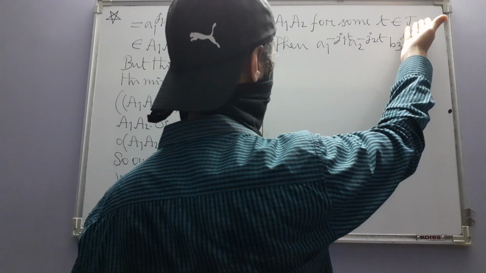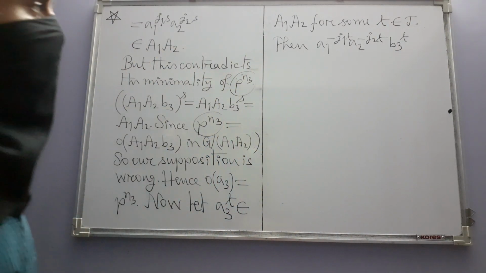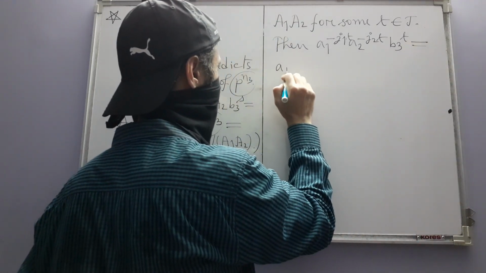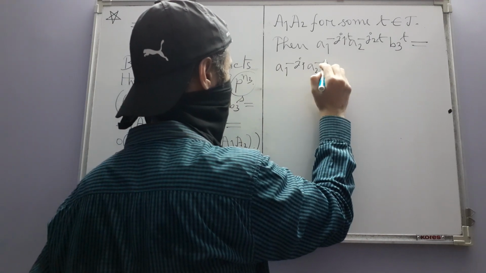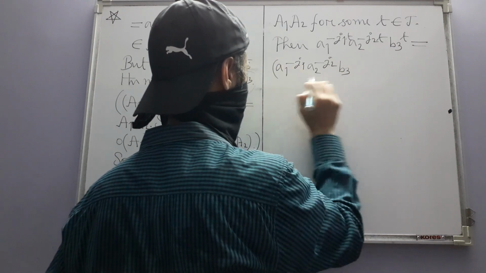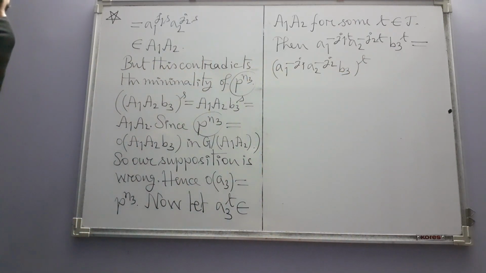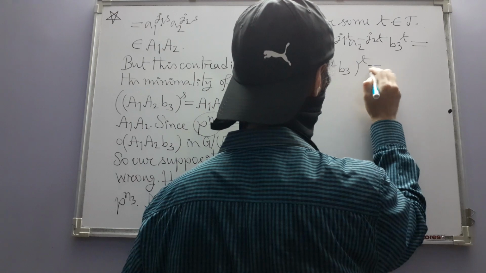Let me just keep the line like this, and now I am considering this element. This becomes A1 to the power minus J1 times A2 to the power minus J2 times B3 whole to the power t, due to the fact that we are in an abelian group. I wrote A3 here, which is wrong, but that won't get us anywhere.